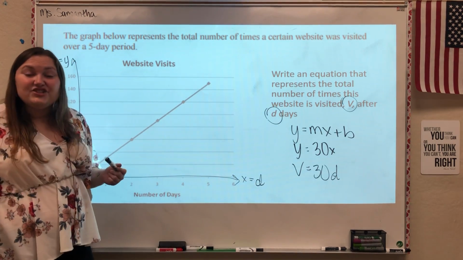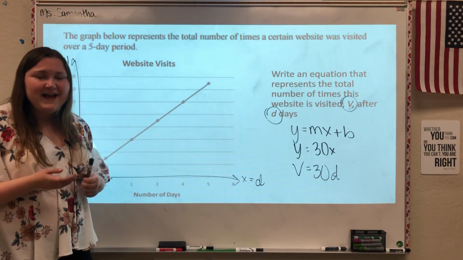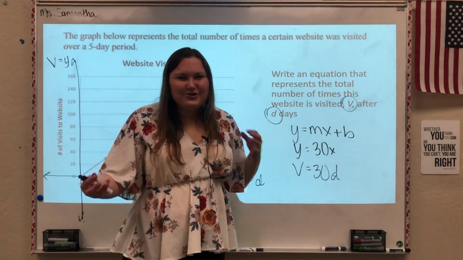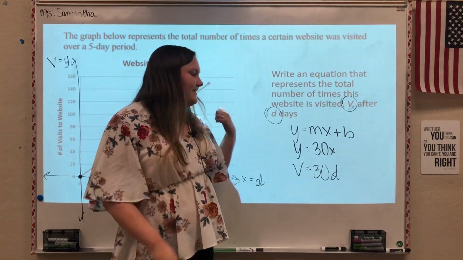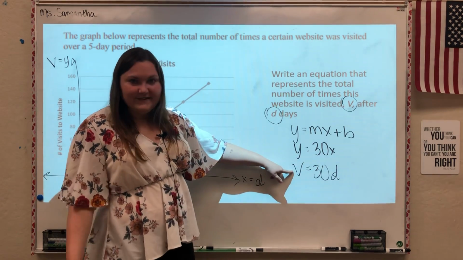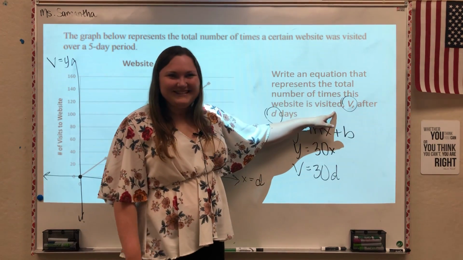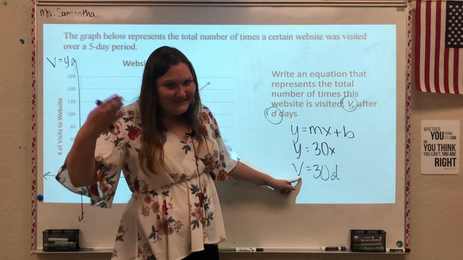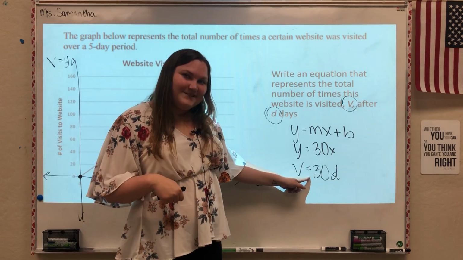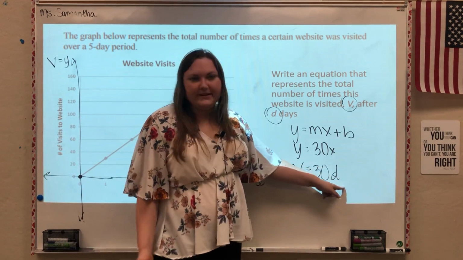Again, I think a good check with these problems, and also some of the word problems we did in the past, is once you get an equation, try putting it back into words based on the situation. This is saying the number of visits, right? They just said v is the number of times the website's visited. So this is saying the number of times the website is visited equals 30 times the number of days, or 30 each day.